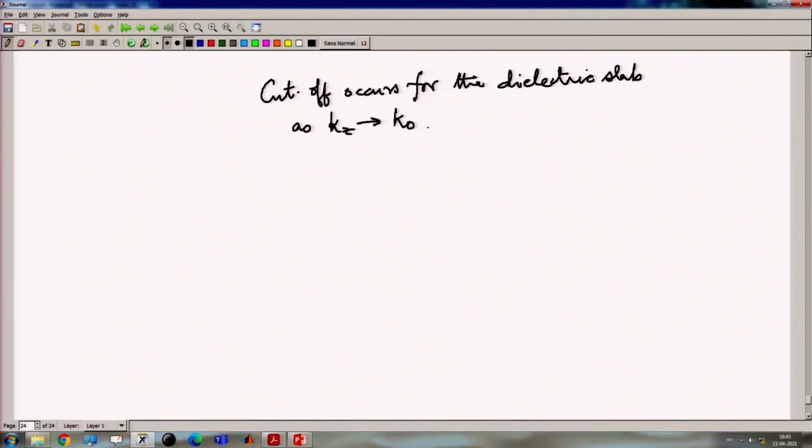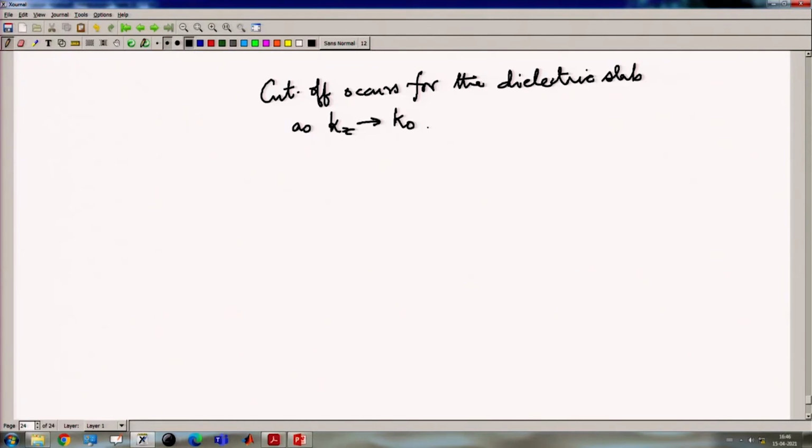And therefore, we will have propagation in the air region, not evanescence, not exponentially decaying waves in the air region. We will start to have propagation in the air region, because V will turn out to be complex.